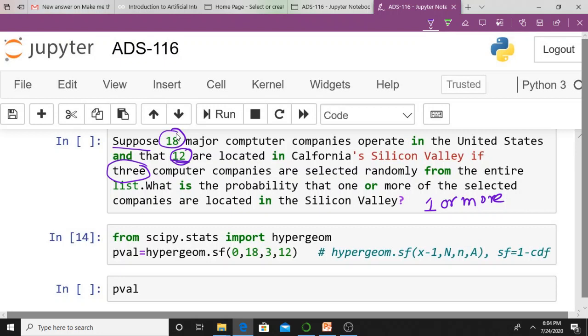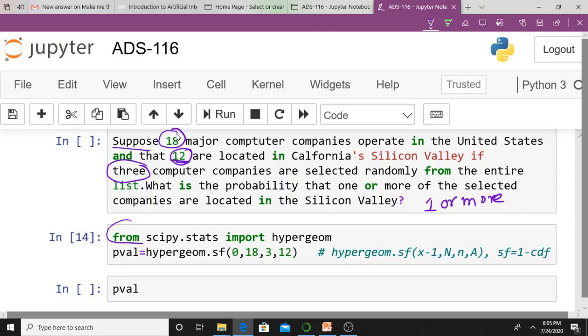If I say survival function at 7, it means 8 or more. Therefore, as I need 1 or more, the first argument is 0.